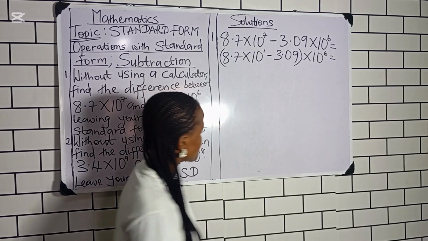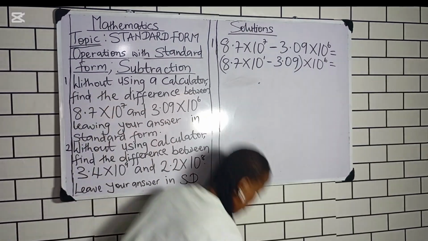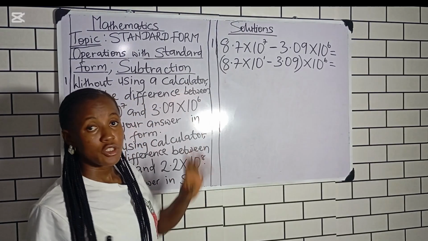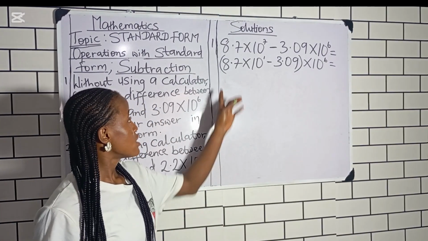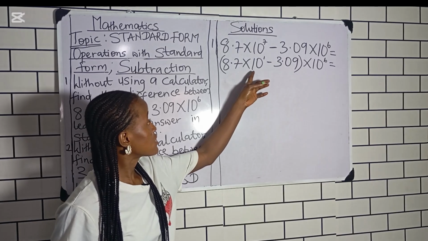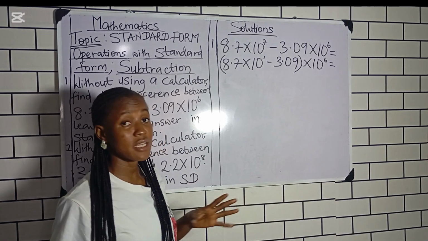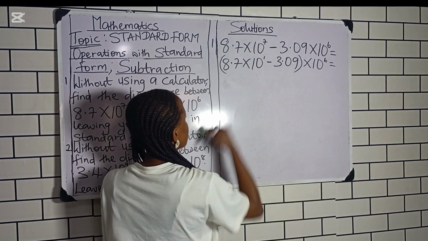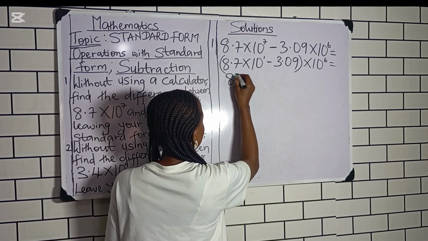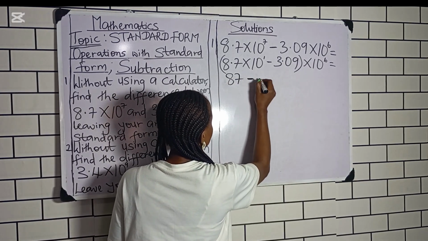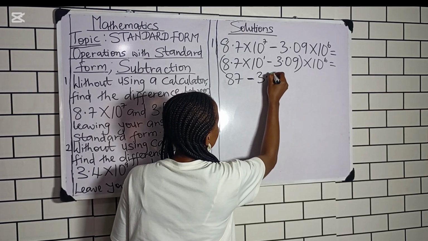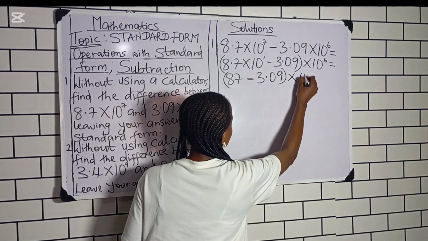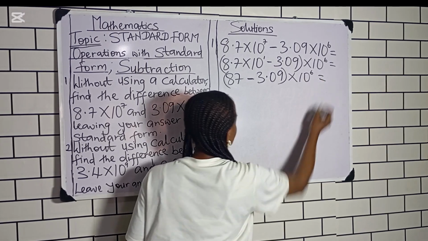This is equals to, we're going to multiply out 8.7 times 10 raised to power 1. 10 raised to power 1 is the same as 10. Now 8.7 times 10 here will give us 87 minus 3.09, all in bracket, times 10 raised to power 6 is equals to.